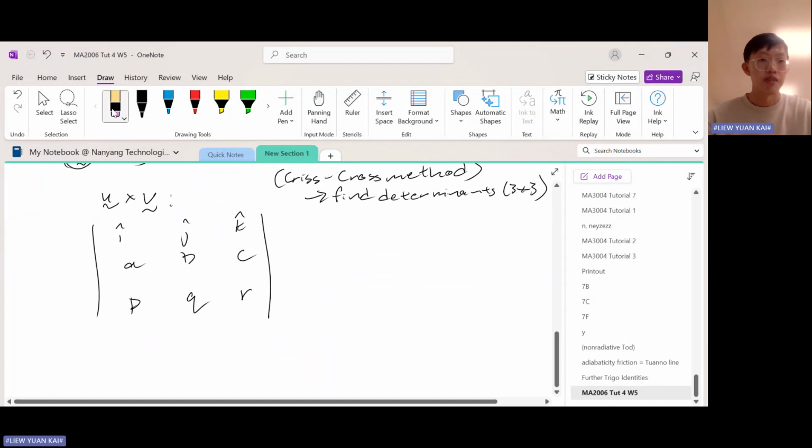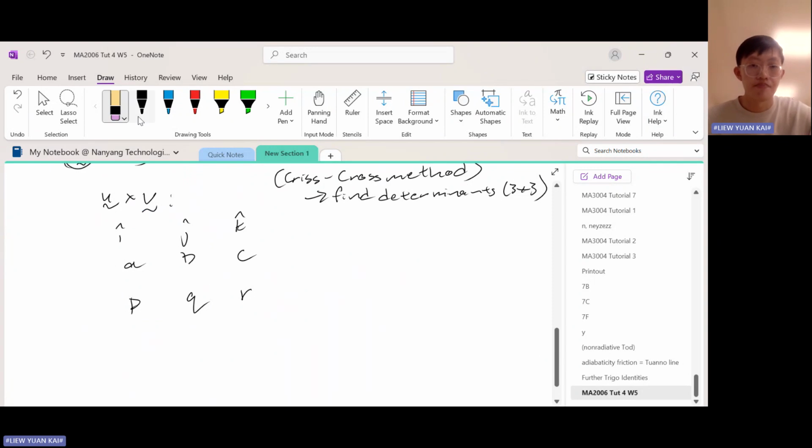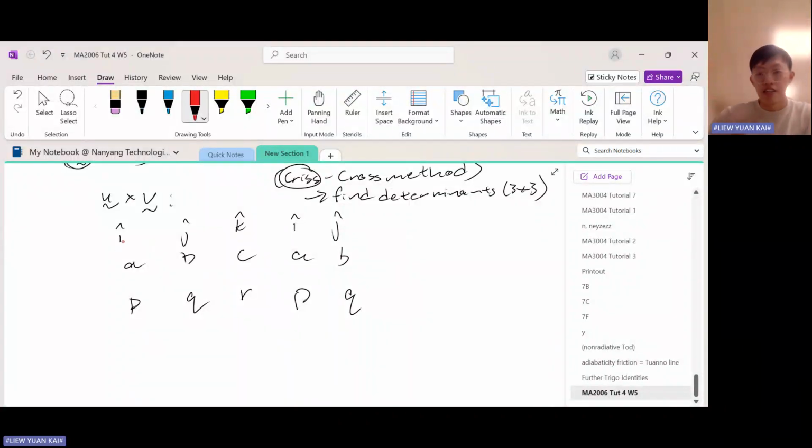So how does the crisscross method work? Very simple. First, copy down the first two columns: i, j, a, b, p, q. Next we need to make the crisses. The criss is in this direction.